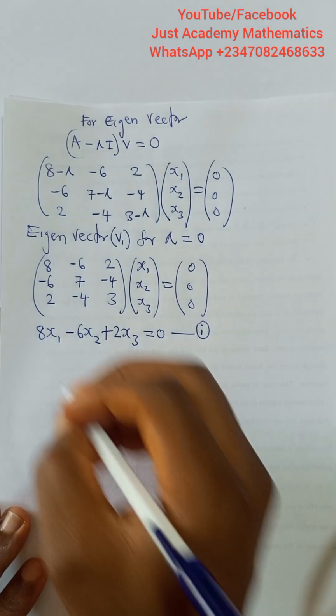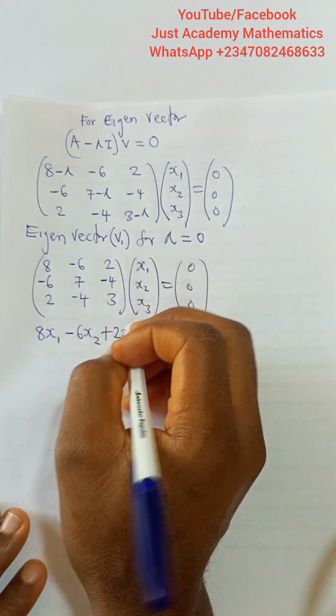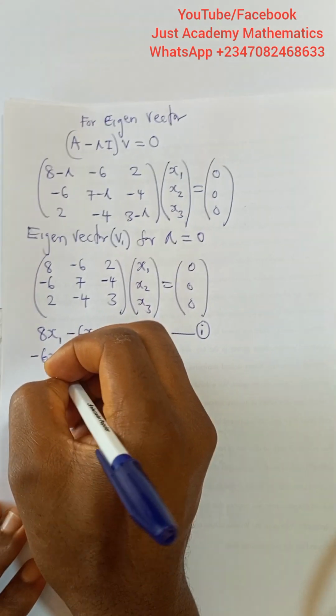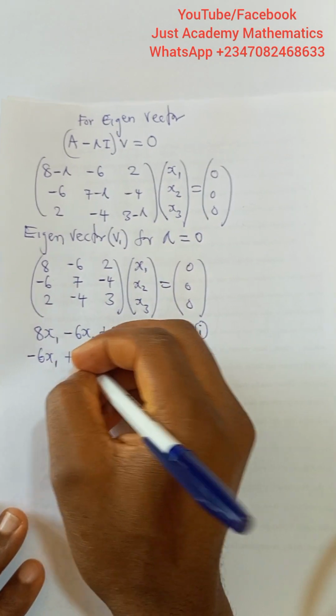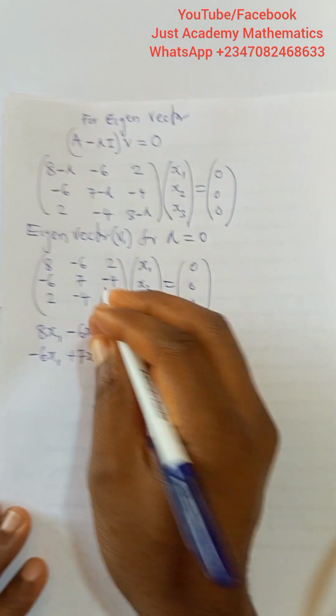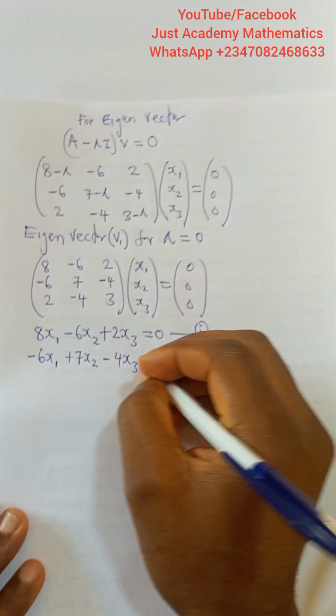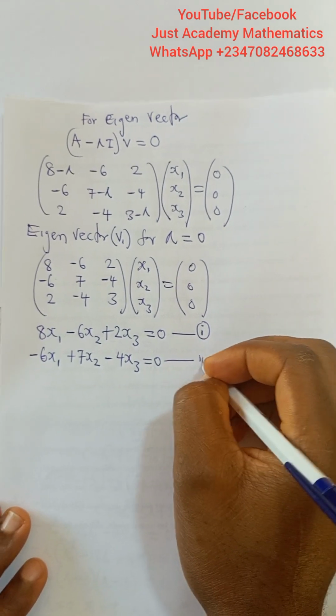Follow me carefully. We do the same thing, row times column: minus 6 times x1 is minus 6x1, 7 times x2 is plus 7x2, minus 4 times x3 is minus 4x3, equals to 0, equation 2.